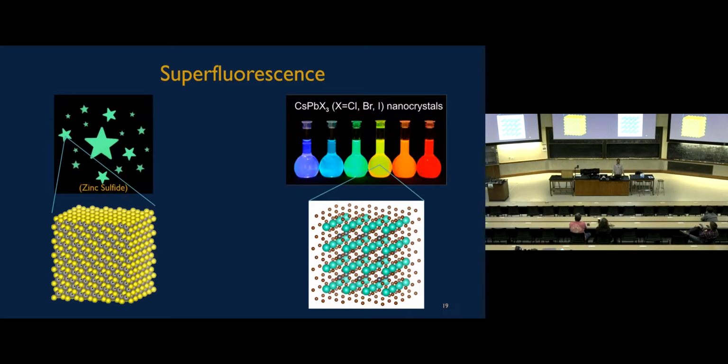And this is a material that I actually work on. So it's a phenomenon called superfluorescence. So I'm assuming that many of you are familiar with regular fluorescence. It's these glow-in-the-dark stars that some children put on their ceiling, or you might have toys that glow in the dark. So in the day, you let them charge, right?